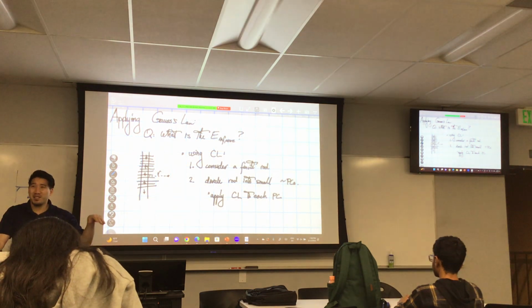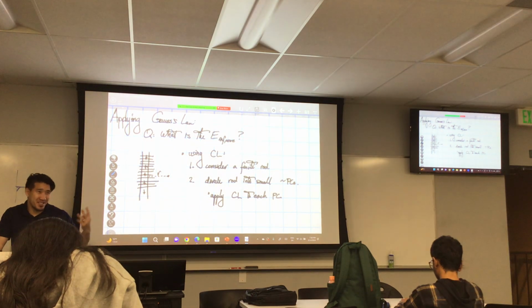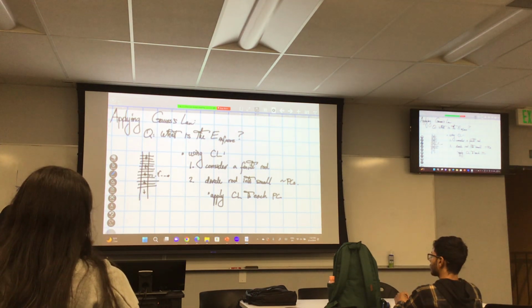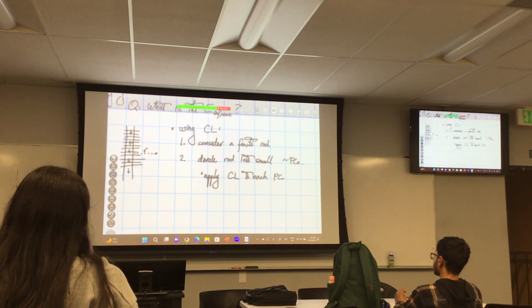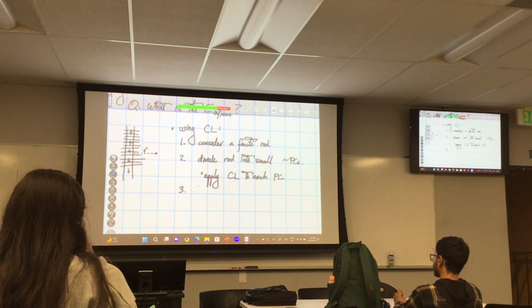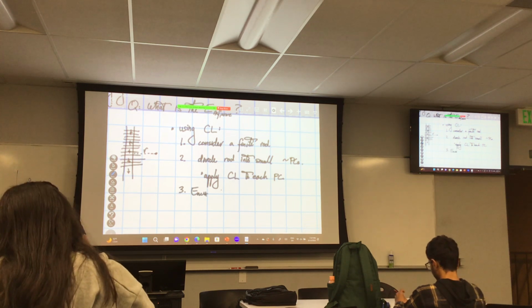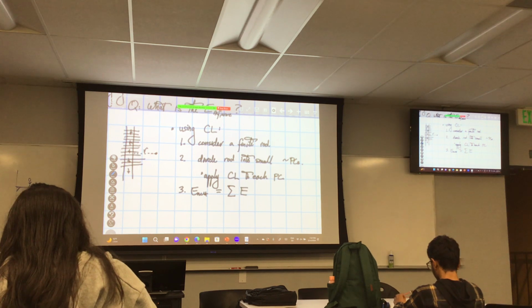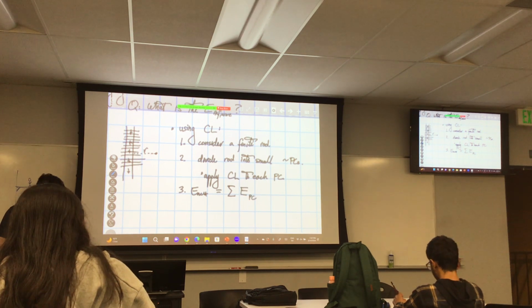We did that in class, and that one took like 45 minutes. That was only 3 particles. Imagine doing it for many, many, many more. That's what Coulomb's law becomes. So we apply Coulomb's law to each point particle, then we can get the net electric field by summing up all of the electric fields from the point charges.